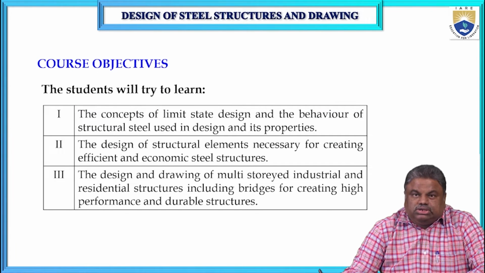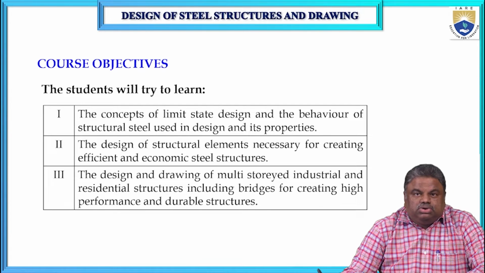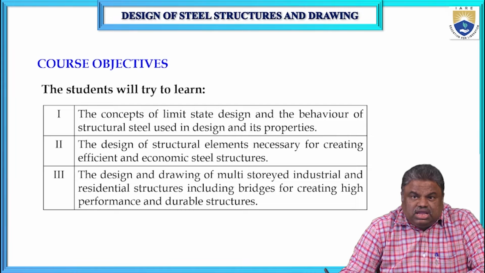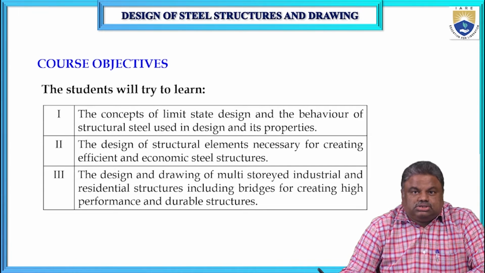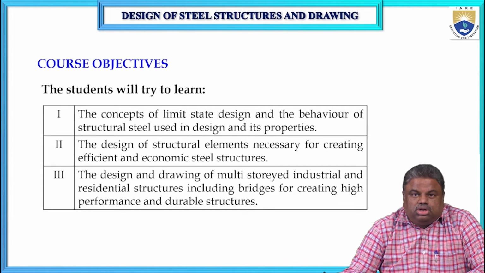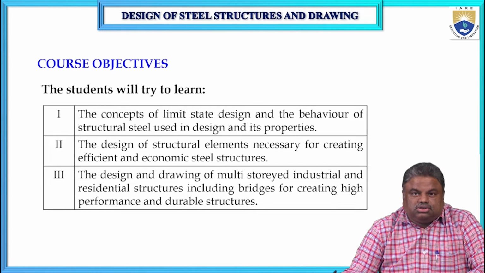After completion of this course, the students will learn the concepts of limit state design and the behavior of structural steel used in the design and its properties. Second is the design of structural elements necessary for creating efficient and economic steel structures. As a structural engineer, we should see that the cost of the structure is economical and efficient.